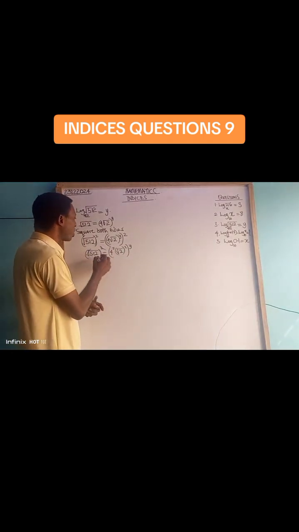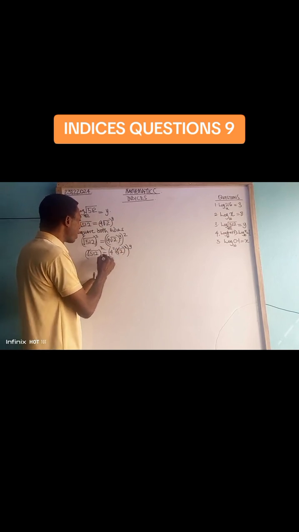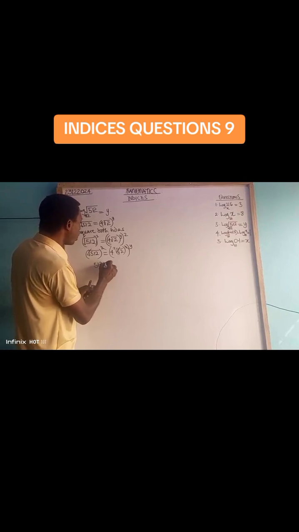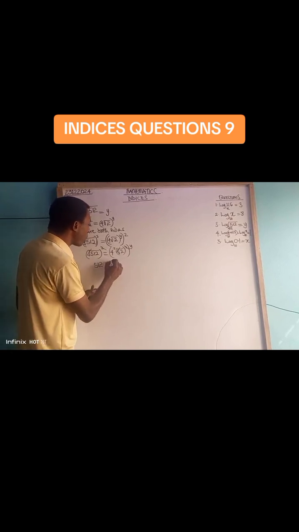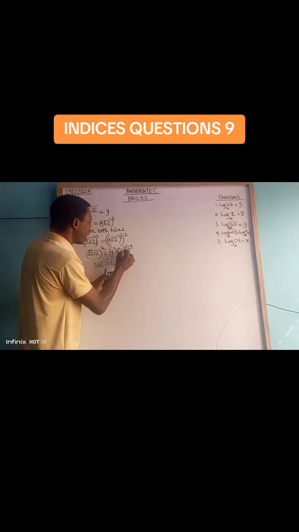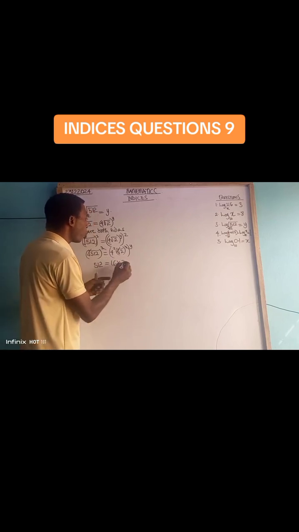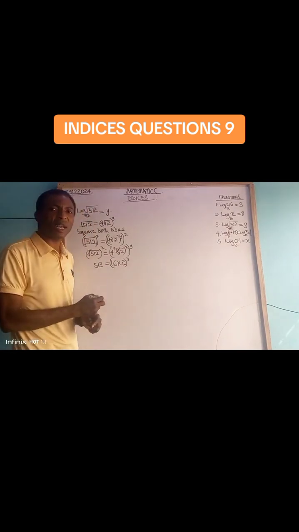We cancel the square root. The 2 here, we cancel this. Then our next, what we have is 512 is equal to 4 raised to power 2, which will give us 16, times 2 into 2, all into y. We are still having that our y there.